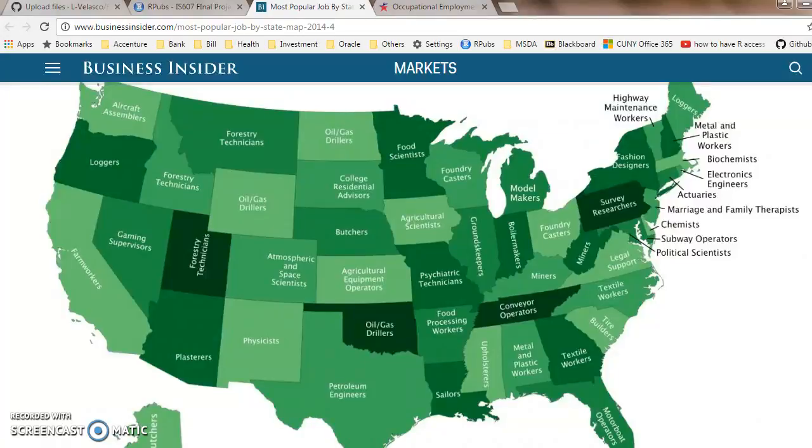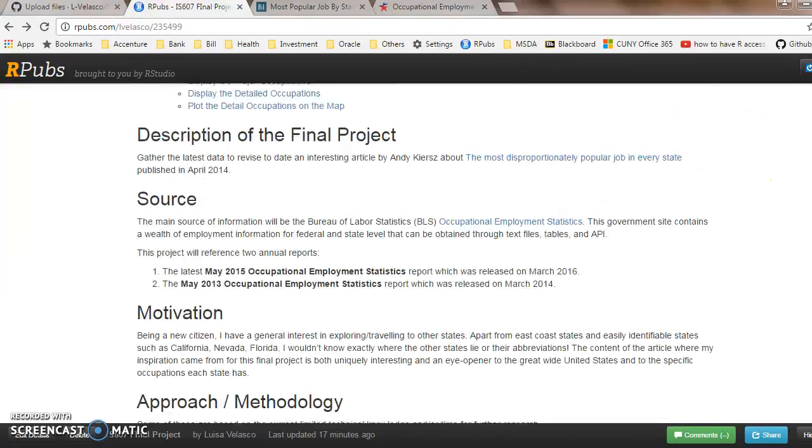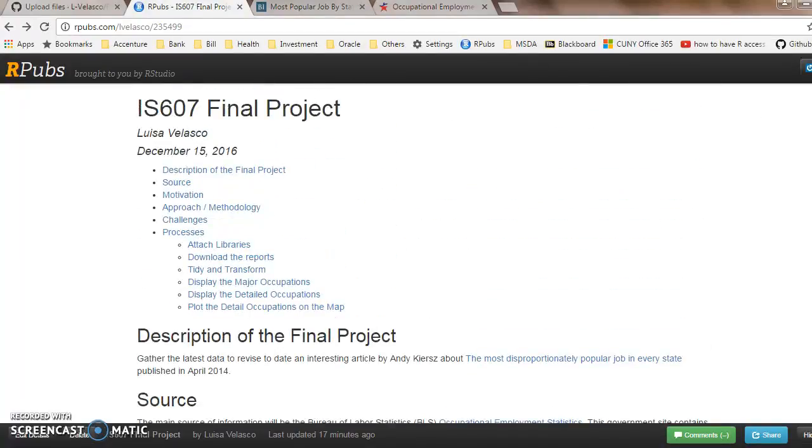So let me go to my final markdown file, which I had published to RPubs. At the beginning, I provided a table of contents that structured the information.